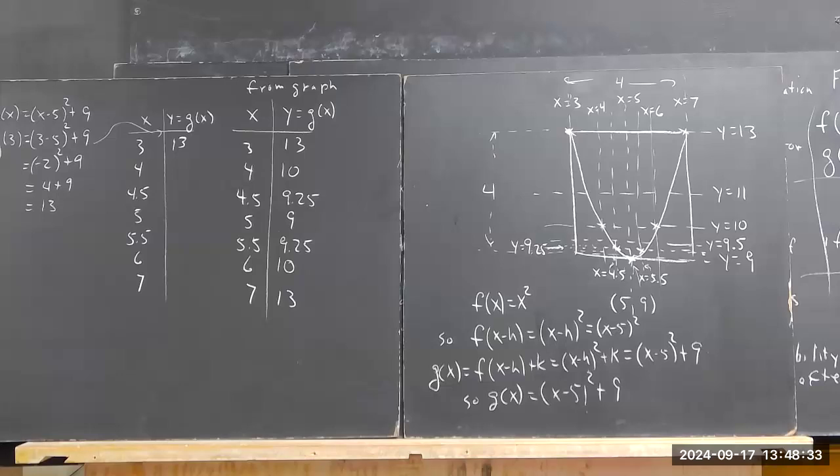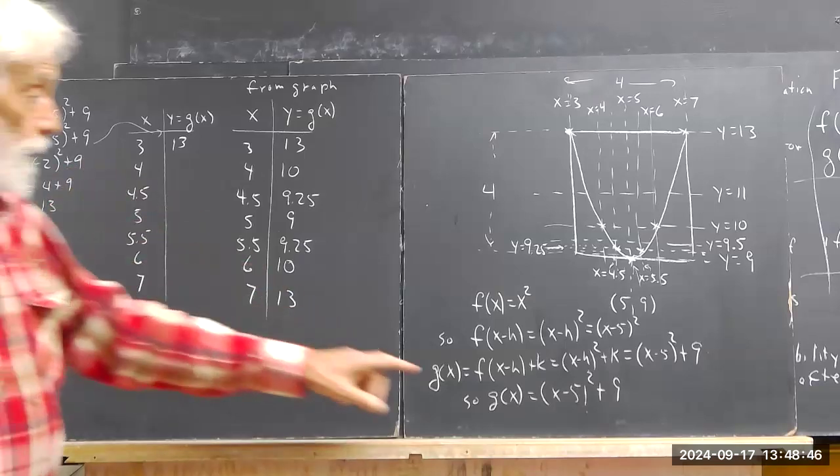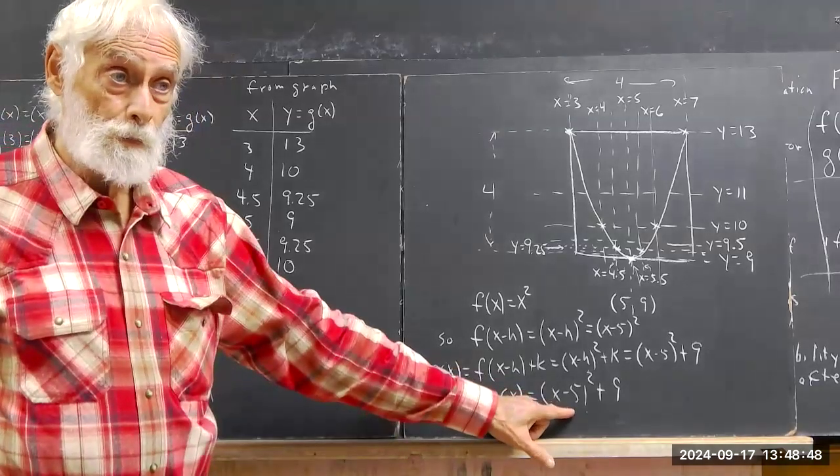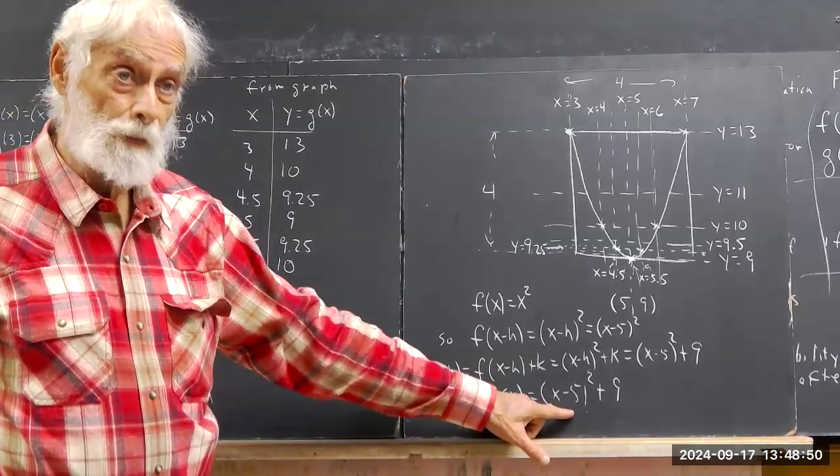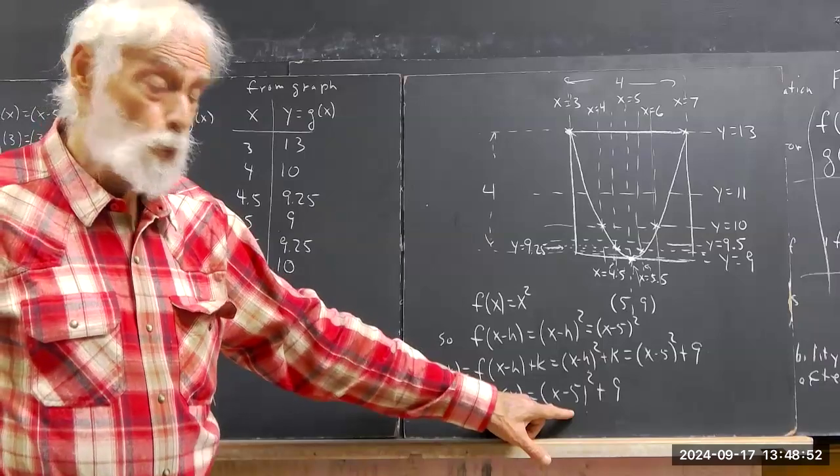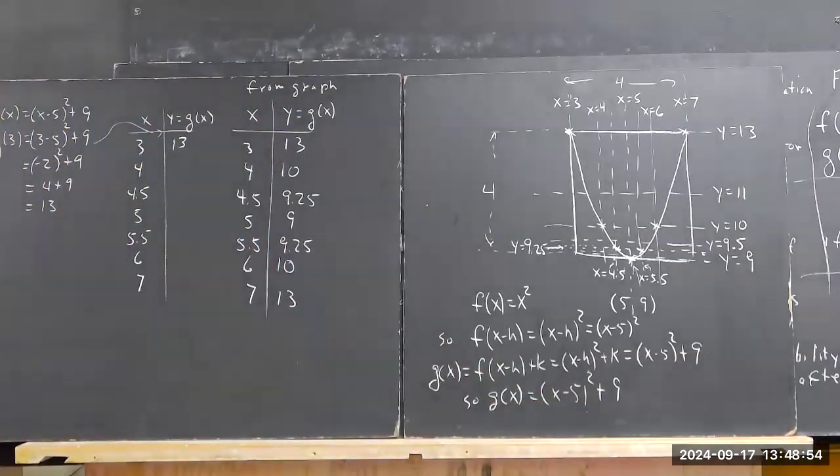Okay, now we don't have time for everybody to do all the arithmetic. But you can see, if we plug 4 into this equation, what's x minus 4? Or, what's 4 minus 5? It's negative 1. You square that, you get 1, and you add 9, and you get 10.